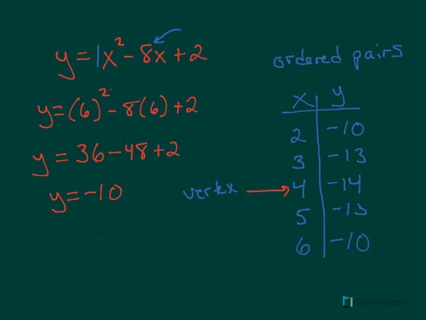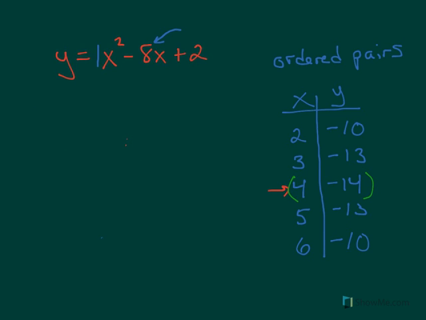So the middle ordered pair, that's going to be the vertex right here, and then we'll plot 2 points to the left and 2 points to the right. So let's make some room and we'll make a quick graph of this. And we'll just kind of do a quick sketch by hand. When you guys do this, you'll have graph paper or some graphs on your worksheet where you can put in these values.